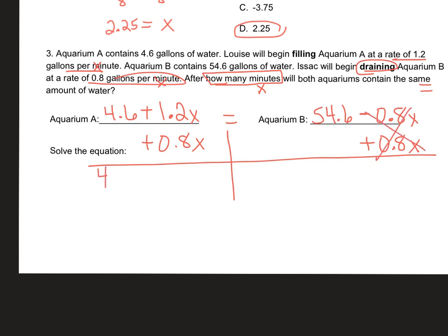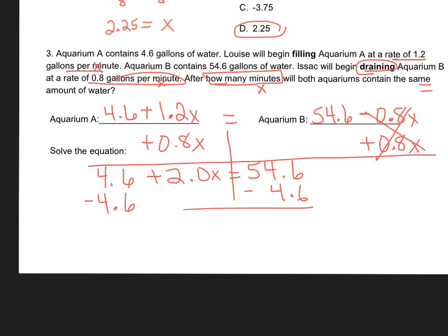And when I add 1.2 plus 0.8, that leaves me with 2.0x, which is just 2x, and that equals 54.6. So now I need to subtract that constant, that number of 4.6. What I do to one side, I do directly to the other side.